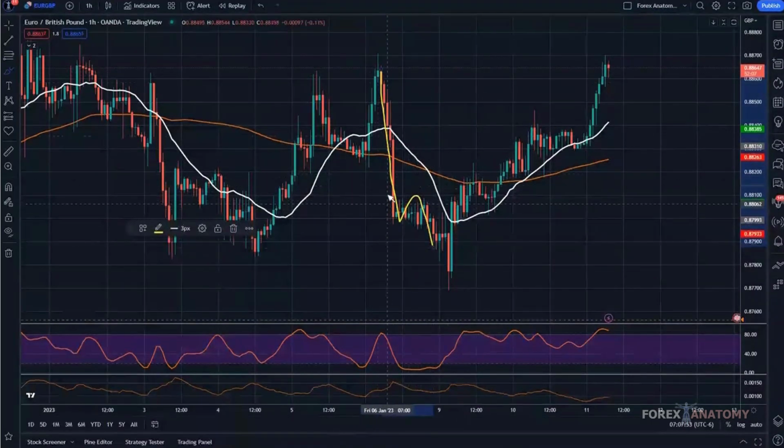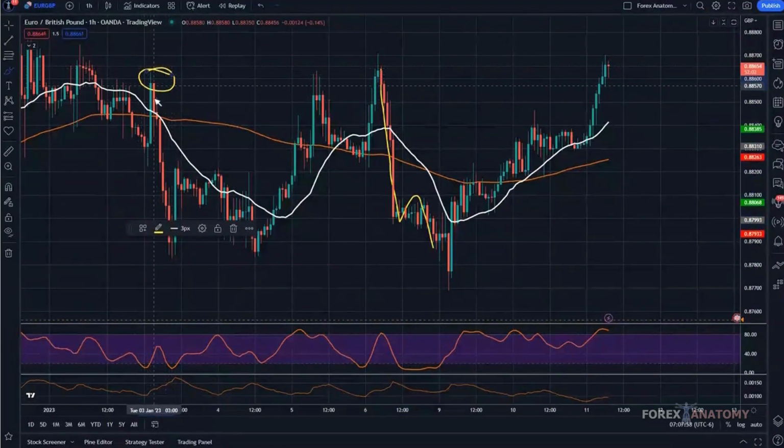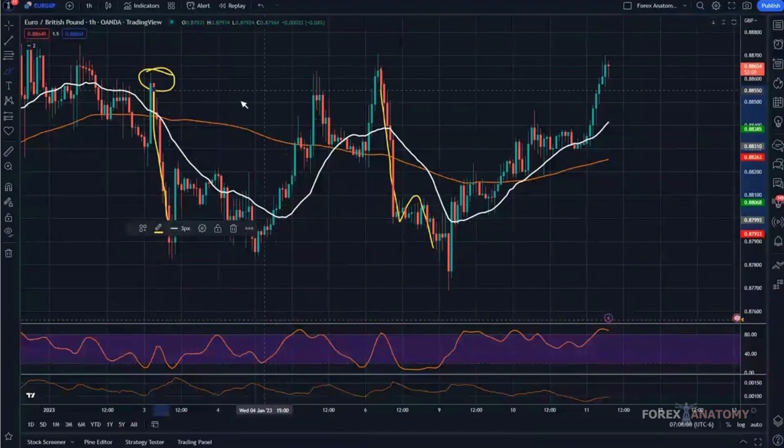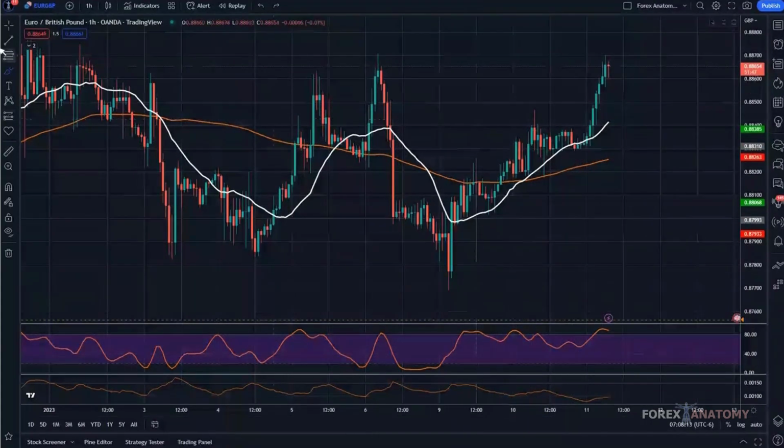This could have been fundamentally driven, but it seems like every time price came to this vicinity, we saw a nice strong push to the downside. So there's a possibility we can see something like that in the near future, a retracement. But anyways, we have a bullish environment on the 1 hour.